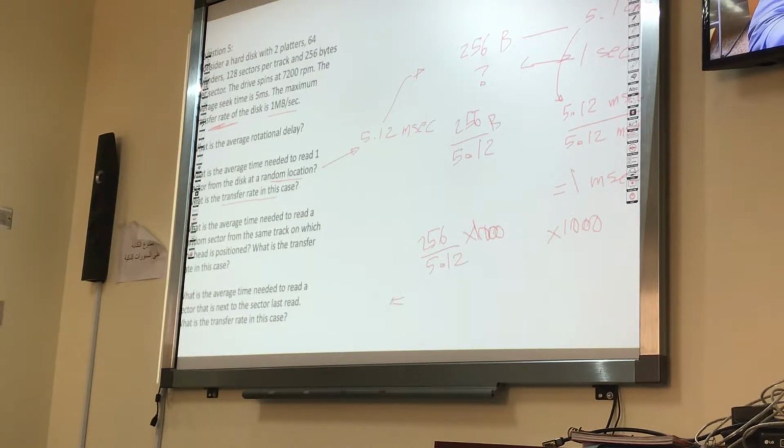It is 256 multiplied by 1000 divided by 5.12. This comes out to be exactly 50,000 bytes, which means the transfer rate is 50 kilobyte per second. That's my transfer rate in this case.